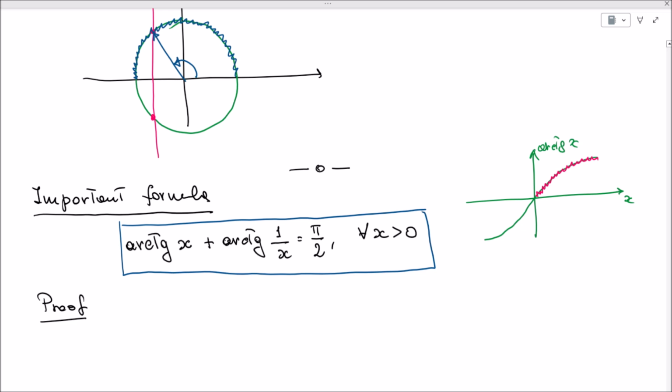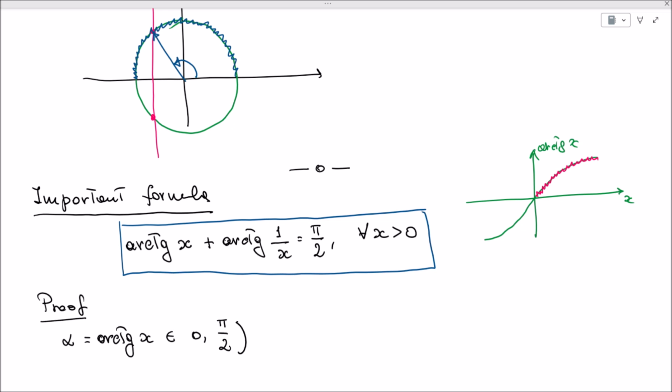Let's say that alpha is equal to arc tangent of x, and at this point we know that this is defined. What we see from the graph is that this alpha belongs to the interval 0 to pi over 2.